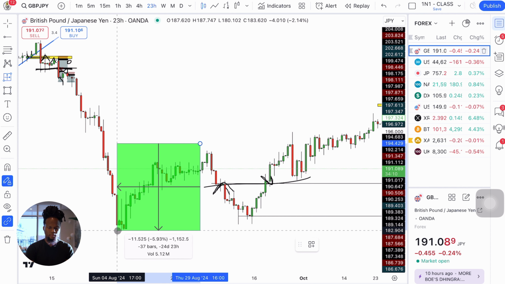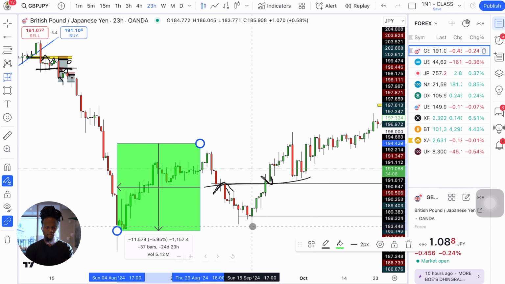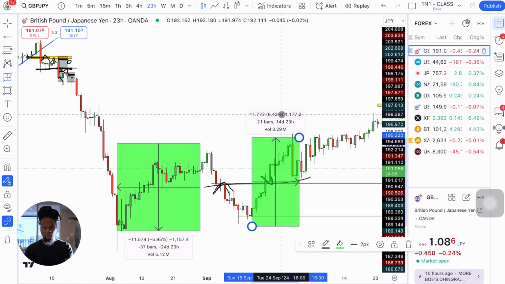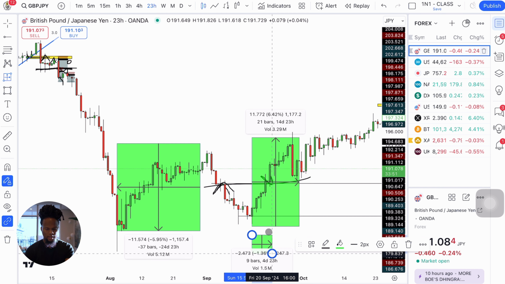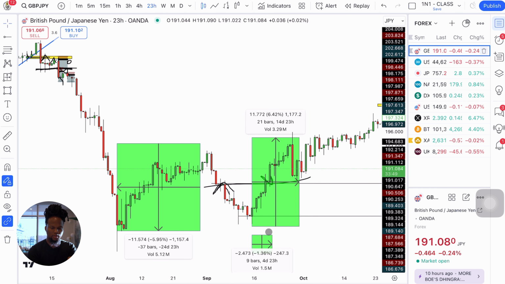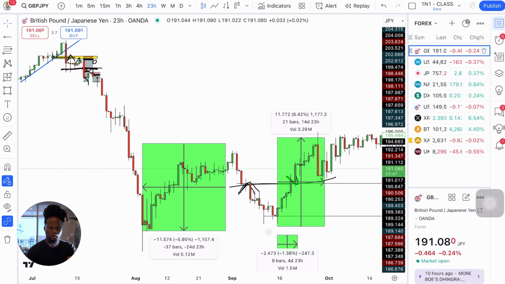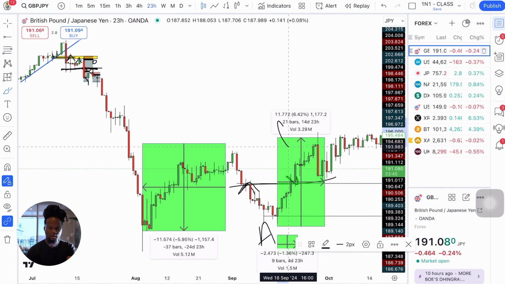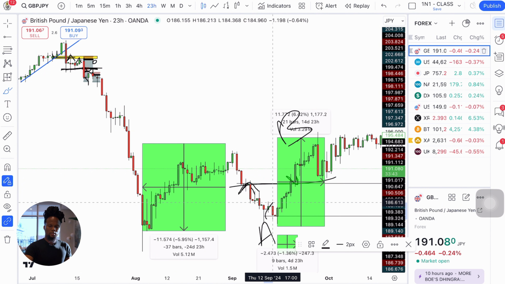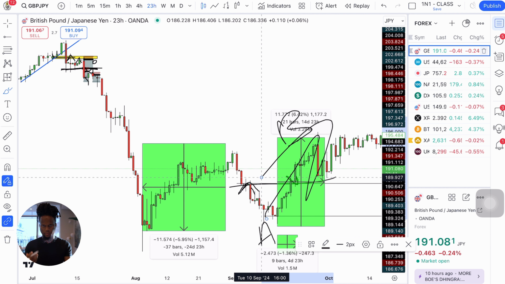So from here to here, you would have, for example, 1,177 pips. This is just the distance. It's similar to going down the road: it's a mile, 10 miles, 20 miles. It's just the distance from point A to point B. So the distance between these two points is pips.